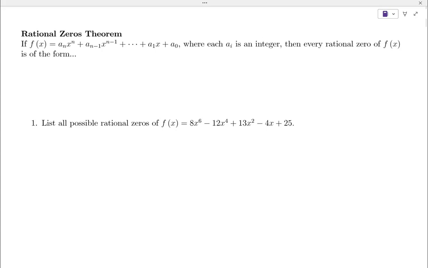X squared plus 1 has real coefficients, but we still got imaginary numbers for solutions to the equation x squared plus 1. So that was why we did that little bit of review. So the rest of this section and going into the next section is all about trying to find zeros, whether they are real numbers or complex numbers. So we have to try to figure out some ways to help us hunt for these things.